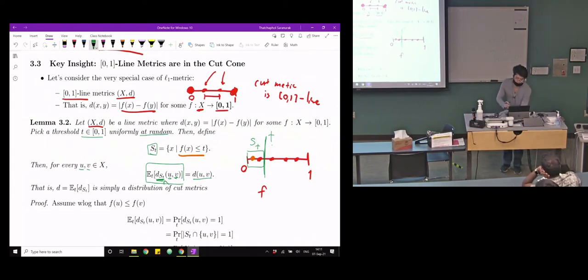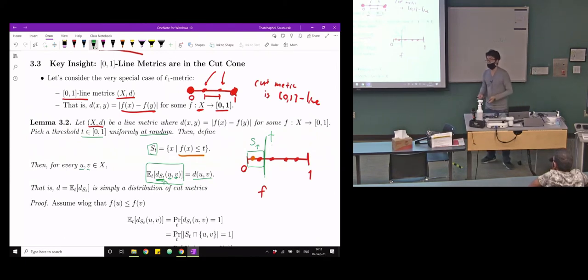Let me repeat the statement so that you absorb it. Is the definition of S_t clear? You choose a random threshold, and S_t is just everything before that. If you fix S_t, this is just a cut, and you can define a cut metric based on S_t.